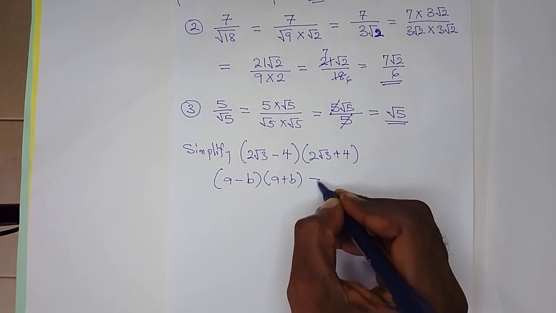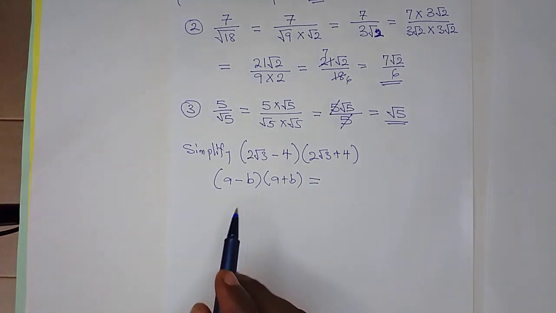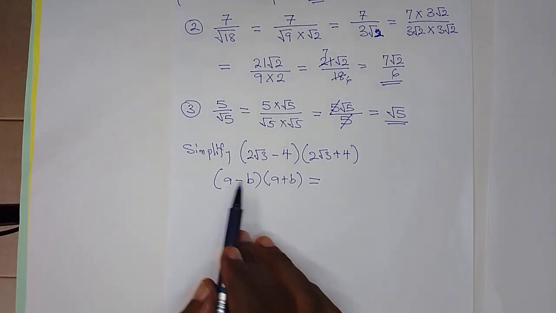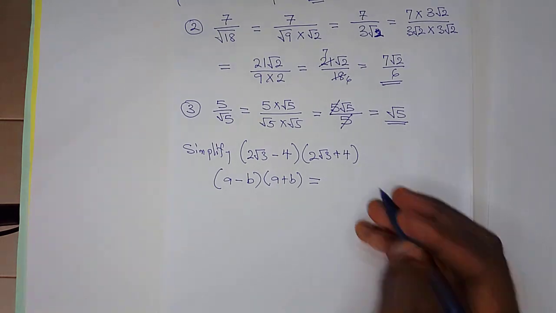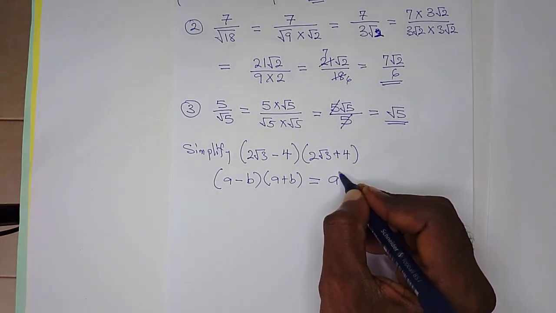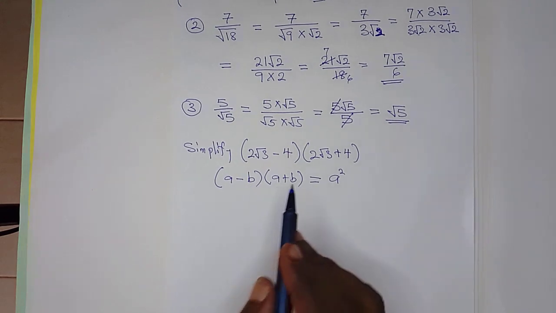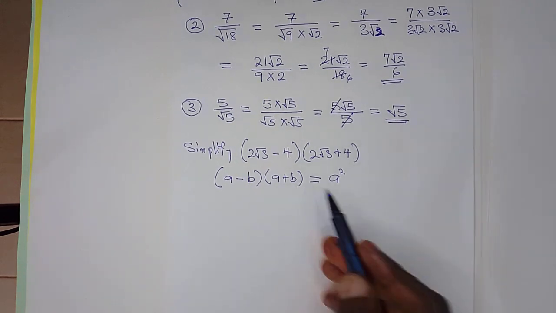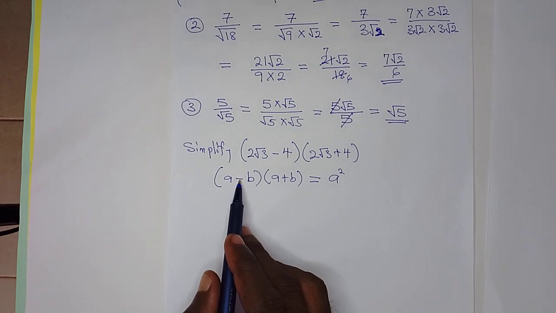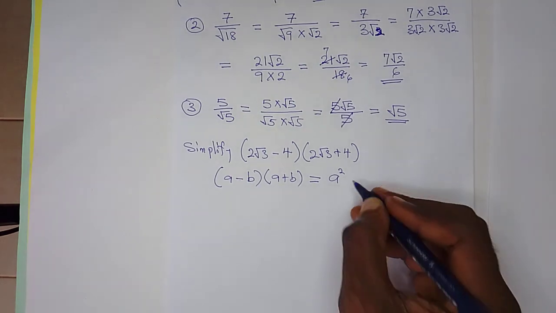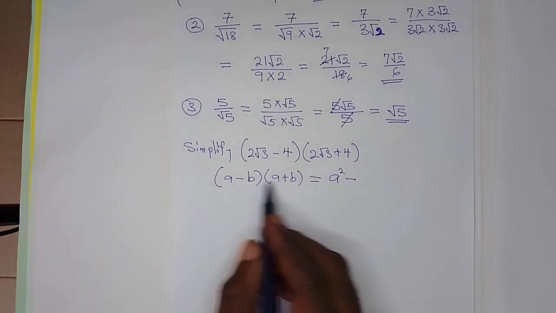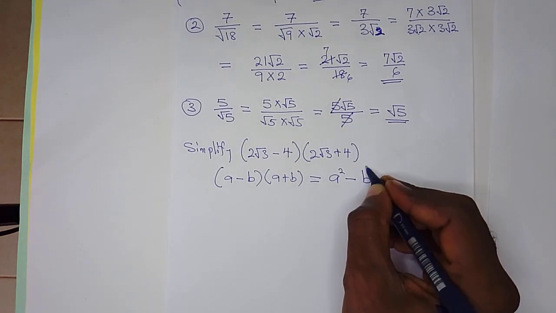Now, to simplify this, or to open this bracket, what you simply do is this. Since we have a in the first bracket, we have a in the second bracket, we can say a times a is a square. Now we have b in the first bracket, we have b in the second bracket. And you can multiply these two signs, minus times plus, that will give us minus. So b times b, that will give us b square.